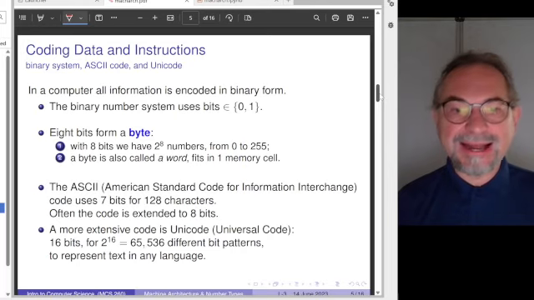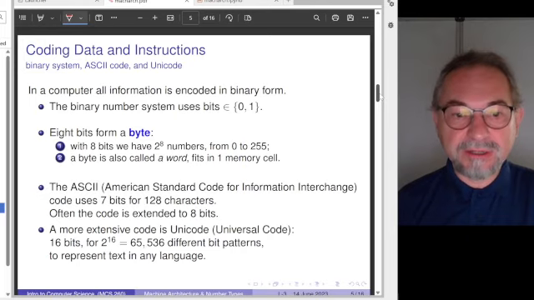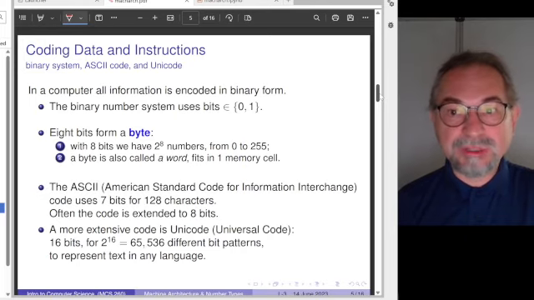There is the ASCII format, that's the American standard. But there is Unicode, the universal code, that is more extensive and that can be used to represent a whole wide range of symbols in now 16 bits.